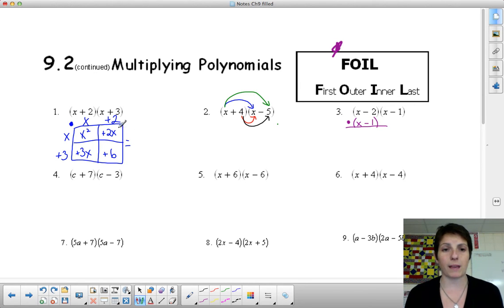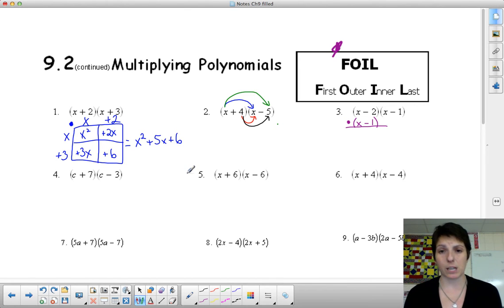Instead of our like terms being stacked, they're now on the diagonal. So that x squared is all by itself. 2x plus 3x gives us 5x. And 6, that constant, is all by itself.